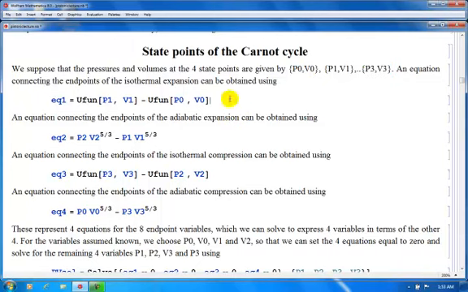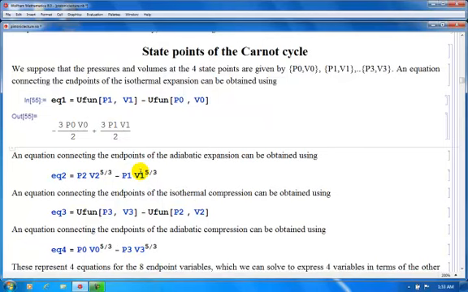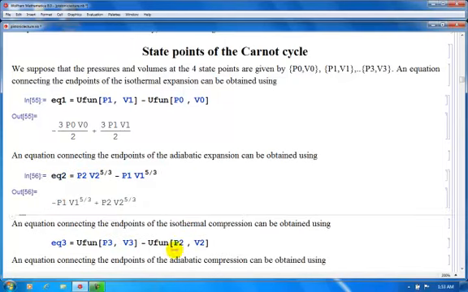So our first equation is the one for the isothermal expansion, which is that one there. The second equation is this adiabatic equation of state, which says that PV to the 5/3 is a constant. So we equate those. The third equation is an isothermal one, so this says that the internal energy at the end of the isothermal compression must be equal to the internal energy at the end of the adiabatic expansion.